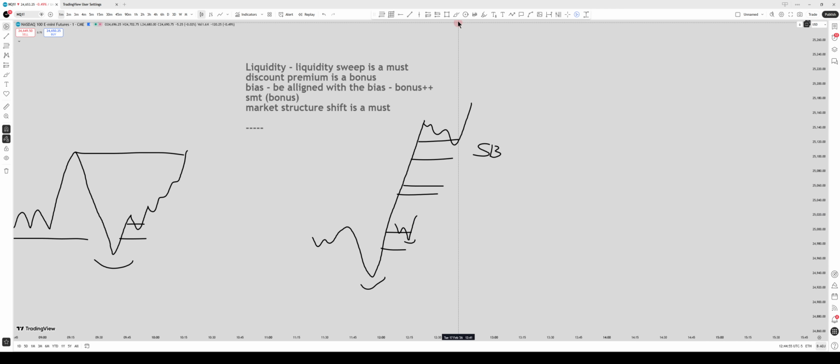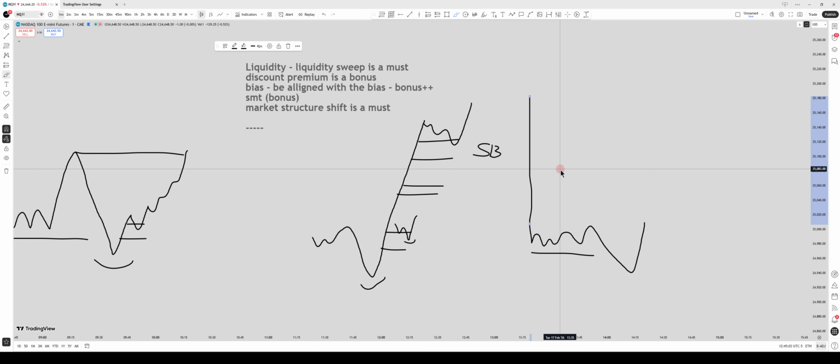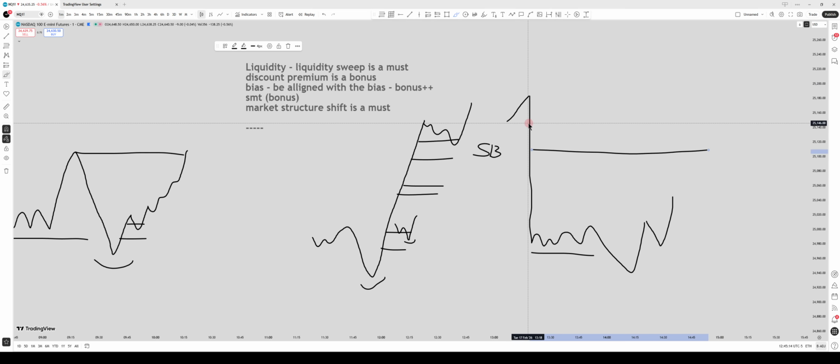The other one is, let's say we had liquidity taken out and we have this big dealing range, and you're going to enter somewhere off of here, and you are going to target the suspension block. So you're going to use it as a target.